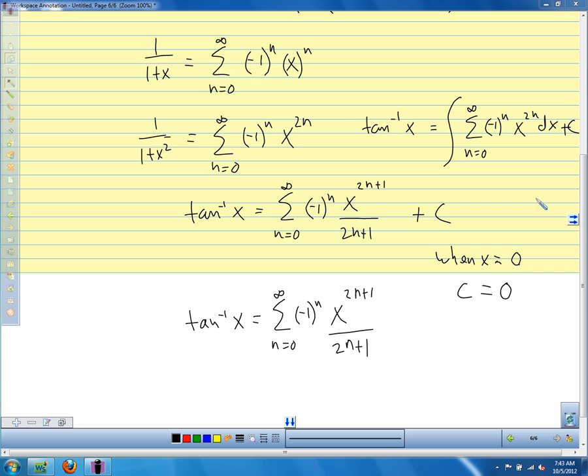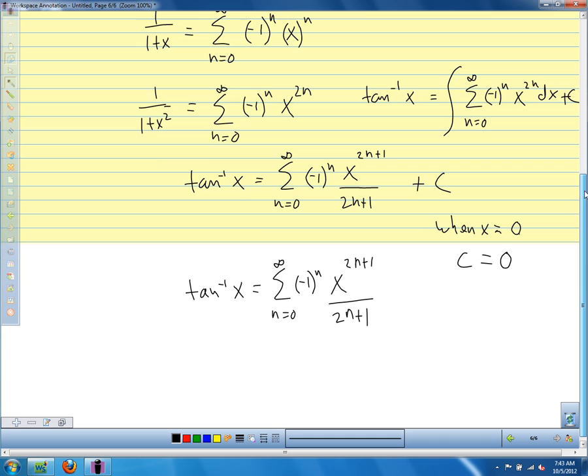So this is normally how we're going to apply power series. We're looking for something, we're trying to get a result. We look for a result that we have already. Can we differentiate it? Can we integrate it? And this leads us to, for the inverse tangent, if we tested our intervals of convergence, we would find our interval for this particular series is minus 1 to 1, is when this converges.